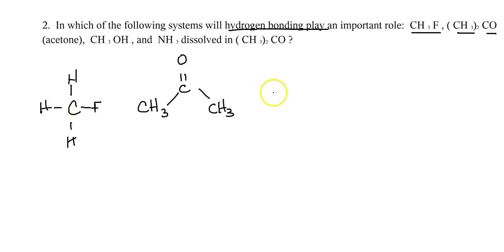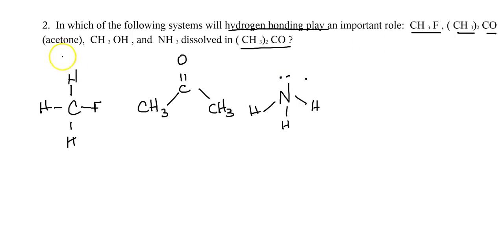And then we have NH3, which has that lone pair and that tetrahedral shape, at least for all of its electrons, trigonal pyramidal, pushing down, and then dissolved in CH3 twice CO, again acetone. So which of the following systems will hydrogen bonding play an important role?